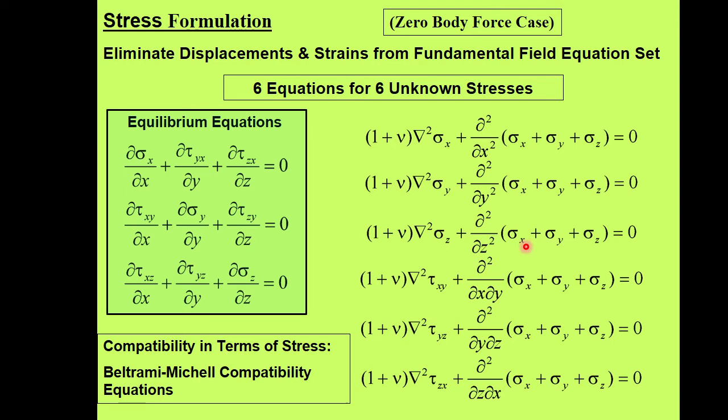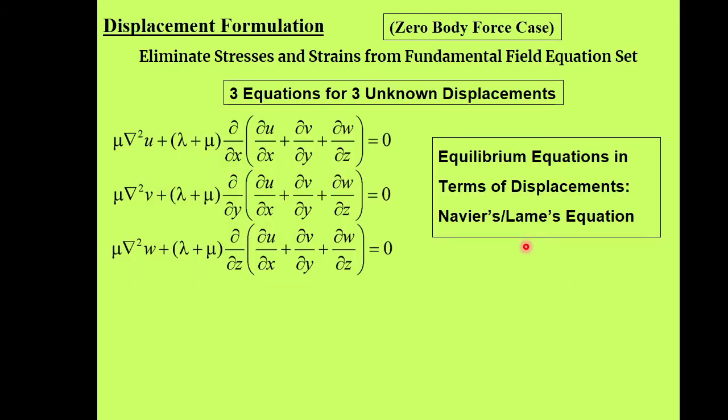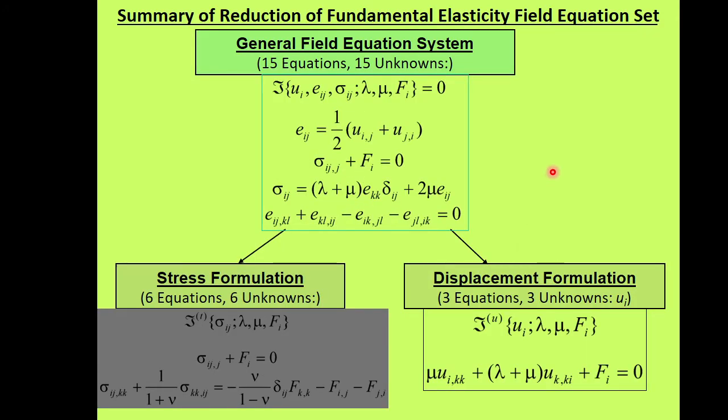We have discussed those things, and ultimately we have these two types of method for solving the problem. Either from displacement formulation, where we have three unknowns and three equations, or stress formulation using some stress function, where we have 6 equations with 6 unknowns.